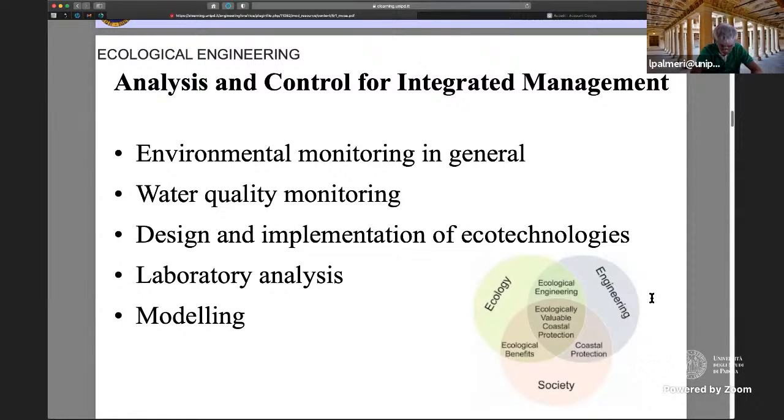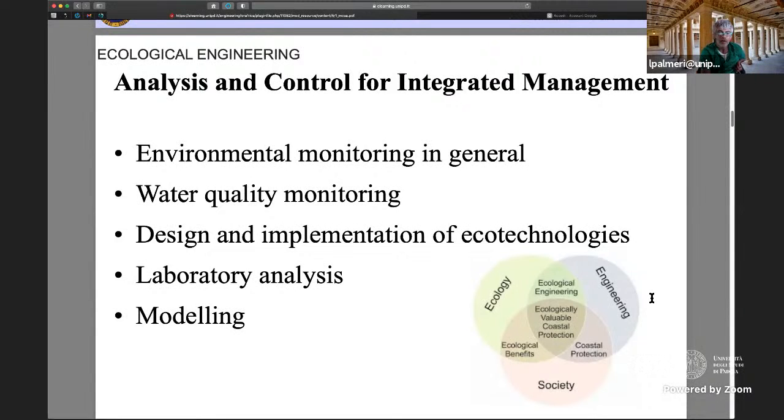So we may focus the general analysis of the environment on specific aspects, in particular of utmost relevance for environmental engineers, water quality, for example. In your professional life, you will often be asked to give appraisals of water quality. So this is water quality monitoring.